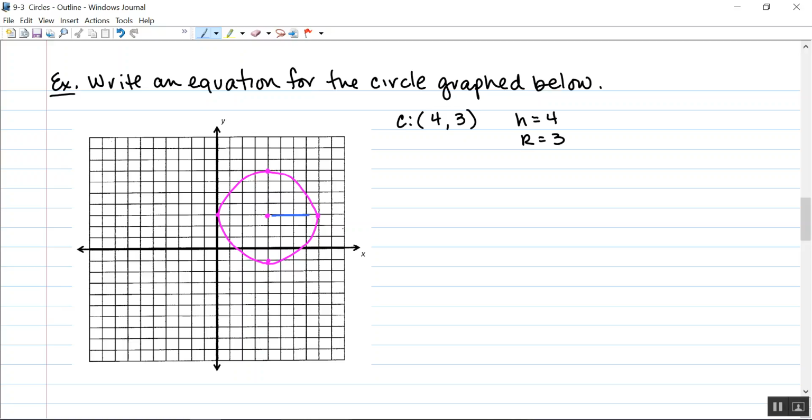The length of that radius is 4 units, so my r is going to be equal to 4. Now let's just plug those into the formula. x minus 4 squared plus y minus 3 squared equals 4 squared, or 16. And that's the equation of that circle.